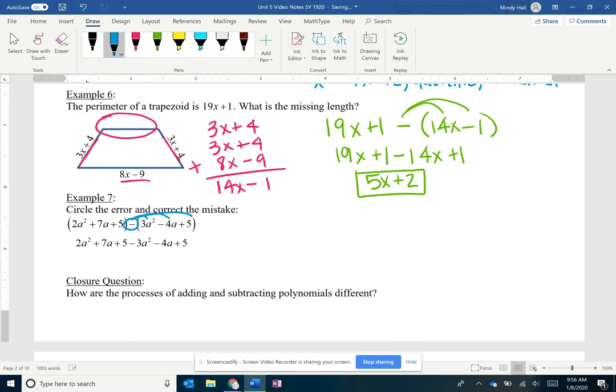So that means that this should be a positive 4a, and this should be a negative 5. Okay? So the closure question is, how are the processes of adding and subtracting polynomials different? And the main difference is that when subtracting, you have to distribute the negative sign, or the negative 1.